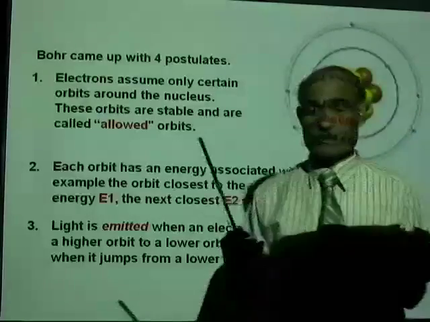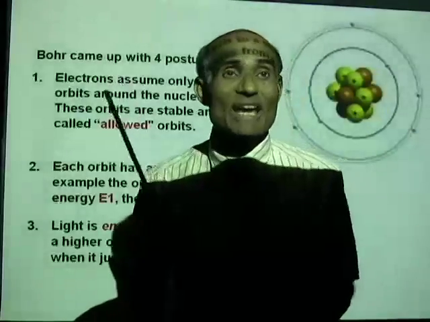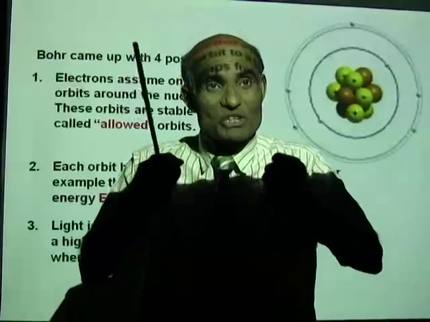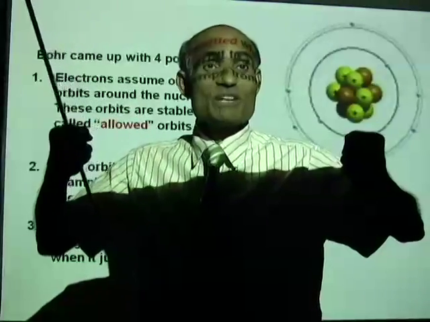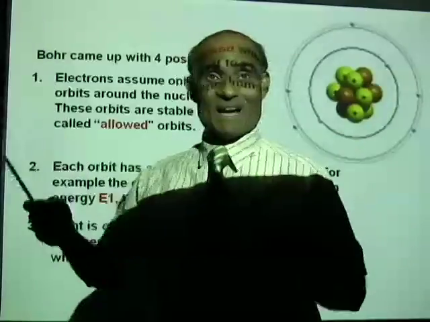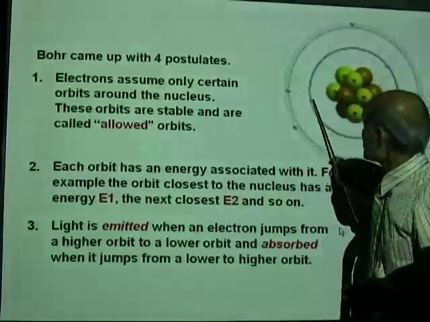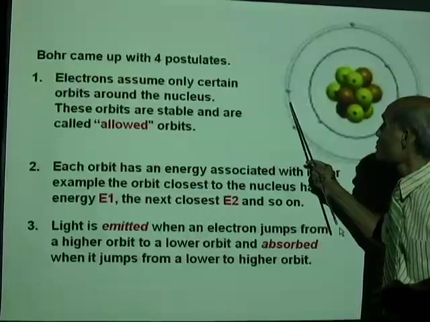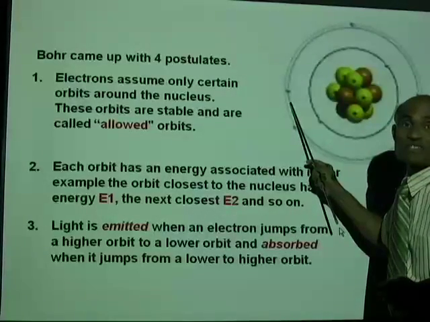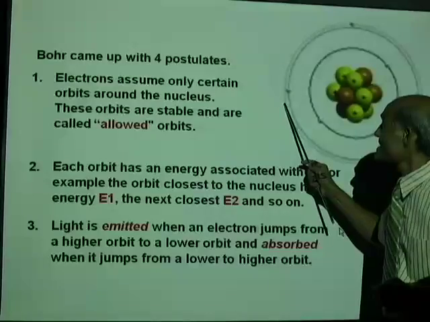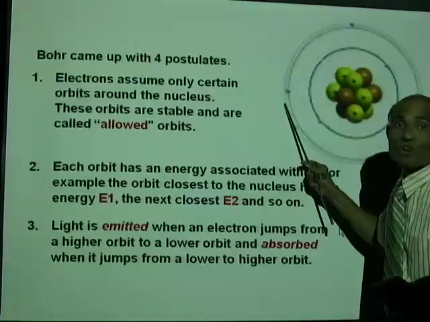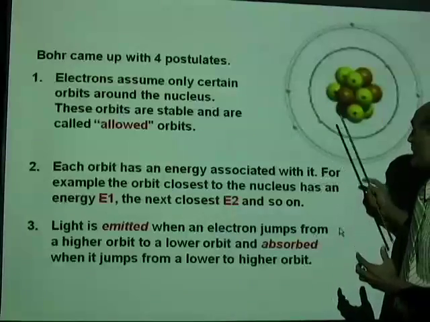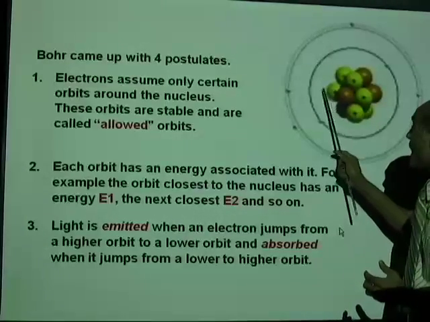You know, in mechanics we talked about the potential energy. The potential energy is greater as the distance between the objects increases. Is that right? And therefore, the energy of the inner orbit, E1, is less than the energy associated with the second orbit, is less than the energy associated with the third orbit, and so on. So light is emitted when an electron jumps from a higher orbit.